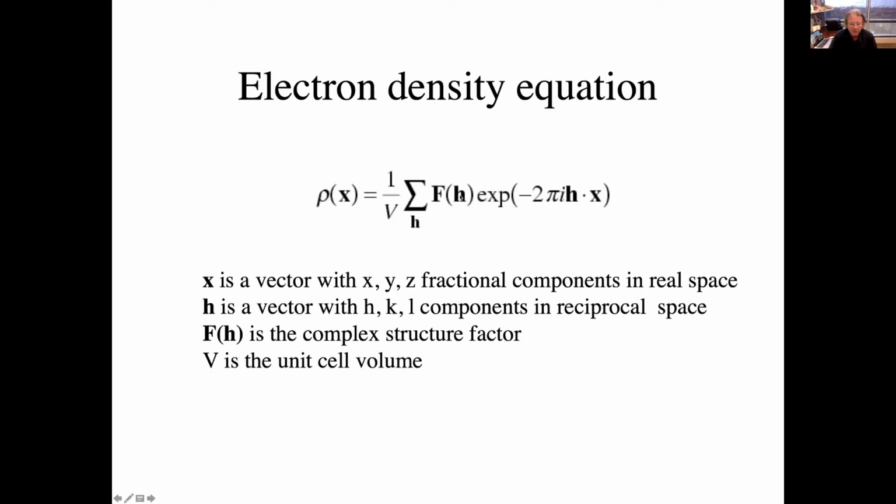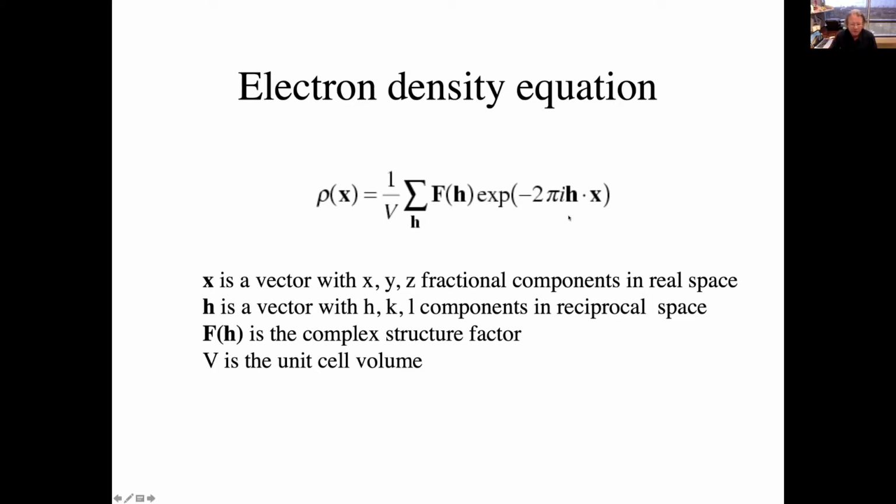And we talk about the phase problem, and that's because this F of h is a complex number, and we don't know how much of that number is real and how much is imaginary. A phase is often described as the imaginary part over the real part, which is an angle. The angle whose tangent is that is the phase angle.